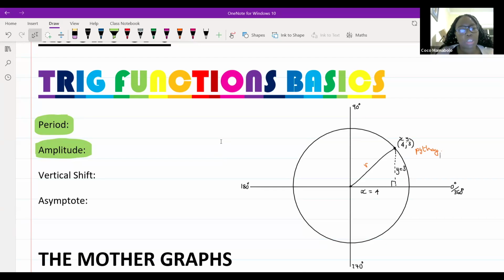If we're going to be comparing every single circle that we can draw on a Cartesian plane, all circles are measured differently. So because your sine, your cos, and your tan are all ratios, at any given point on our graph, we're going to make this a radius of 1.